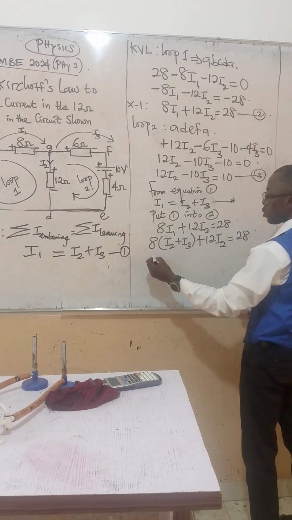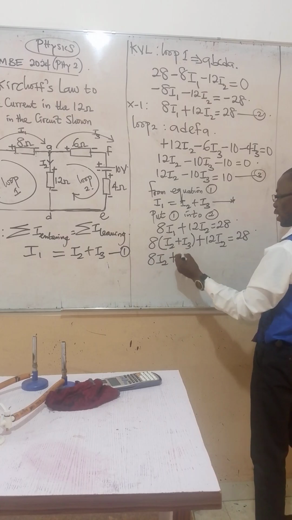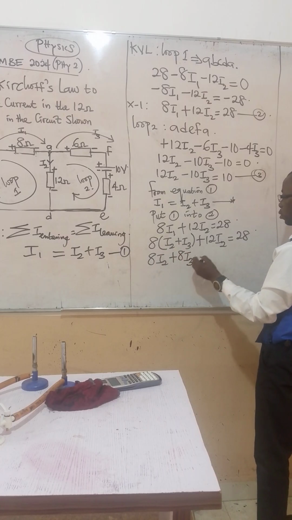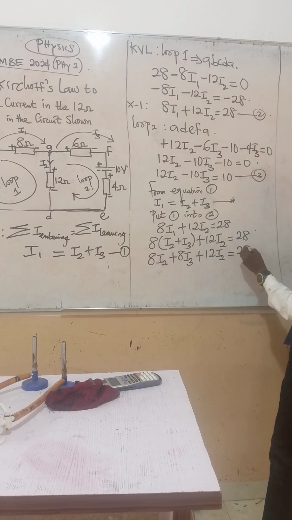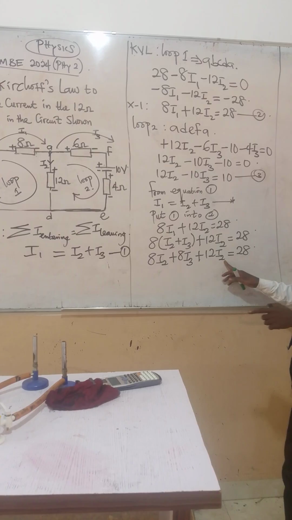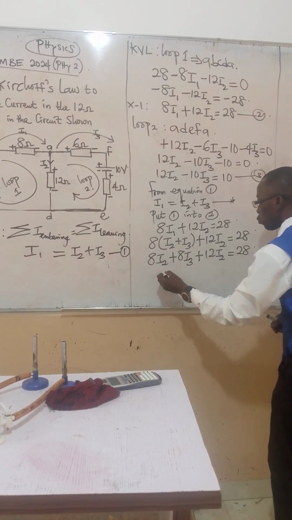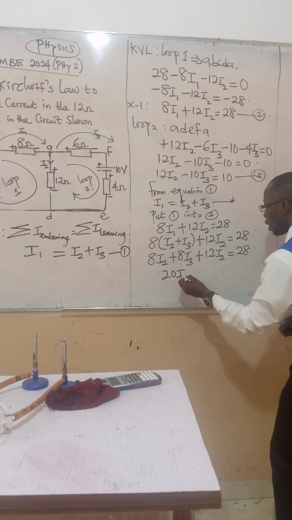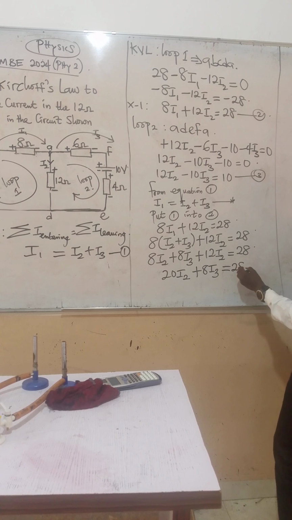Open the bracket: 8 I2 plus 8 I3 plus 12 I2 equals 28. Now you have 8 I2 and 12 I2, we can add these together. 8 plus 12 gives 20 I2 plus 8 I3 equals 28.